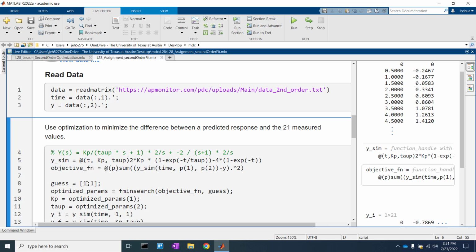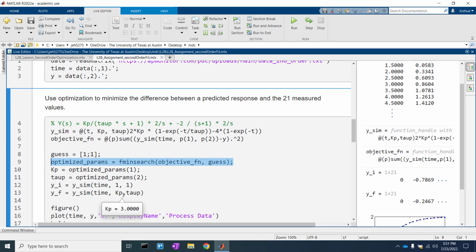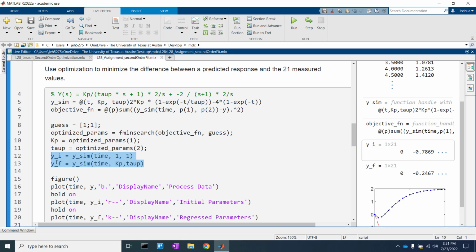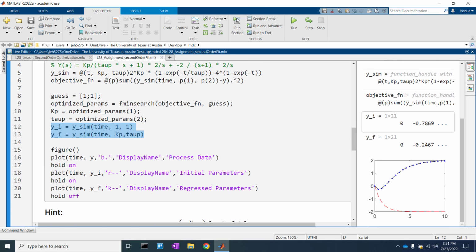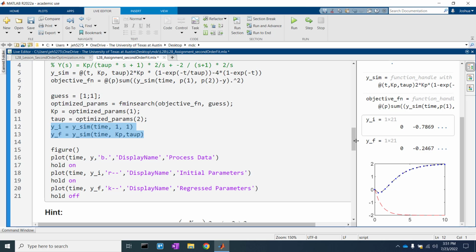For our guesses, we'll just guess a 1 for our kp and a 1 for our tau p. I guess the 1 is going to be off by quite a bit, but it's a good place to start. The nice thing is with fmin search, we don't have to pass any constraints. Then we'll unpack the results afterward, and then we'll graph them. So we'll run this section.